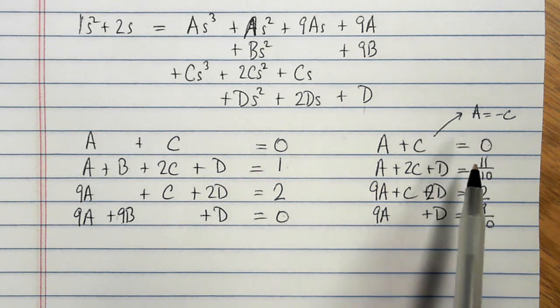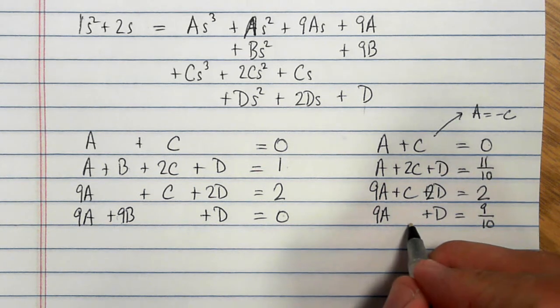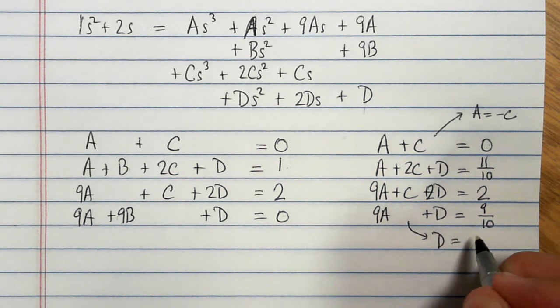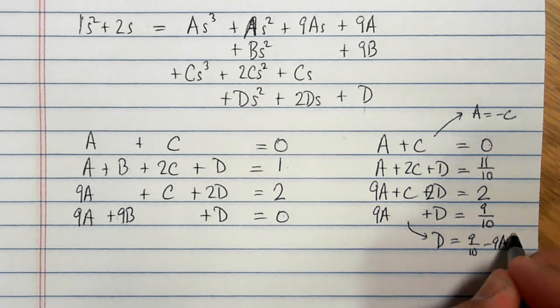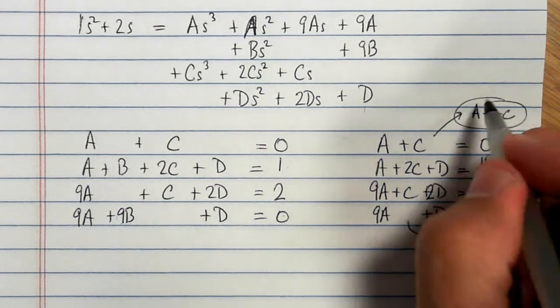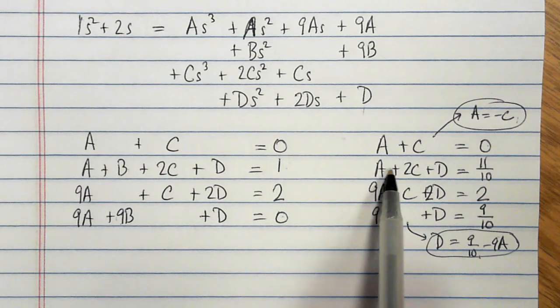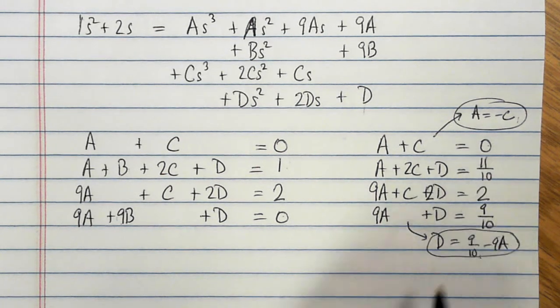And also we have from this last equation that d is equal to 9/10 minus 9a. So I've got this and this. The two things that I've circled, I'll plug into the second equation.